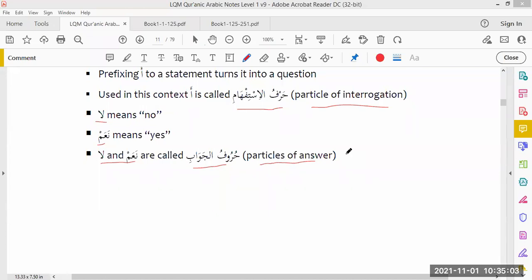Without practice and without correction, it will be difficult to know whether we are understanding or not. Yes, inshallah, if you have any difficulty about the lesson, you can WhatsApp me personally, no problem. Jazakallah.